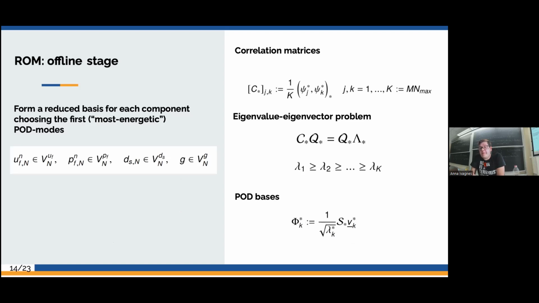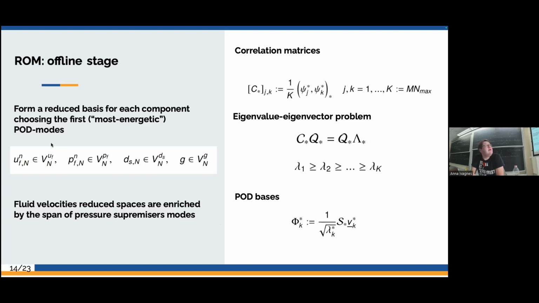Then we form a reduced basis for each component separately by taking the first so-called most energetic POD modes, and then the fluid velocity reduced spaces are enriched by the span of the pressure supremizer modes. This is done, as I mentioned, in order to obtain the pair of fluid velocity and pressure spaces to be inf-sup stable.